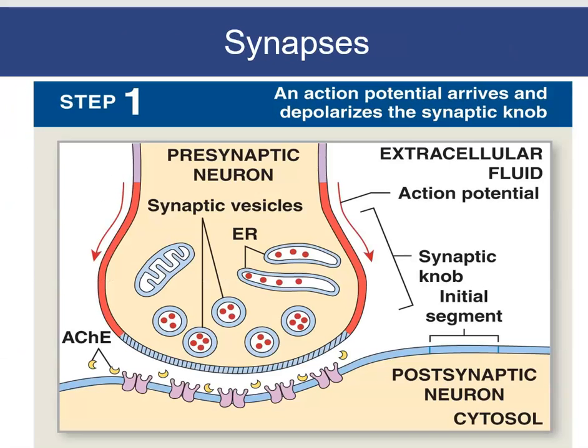Let's look at the steps in a synapse. Step 1 is the action potential arriving at the synaptic knob. And remember, the neurotransmitter is stored in vesicles in this knob. This action potential, as it comes down, will result in depolarizing this synaptic knob.